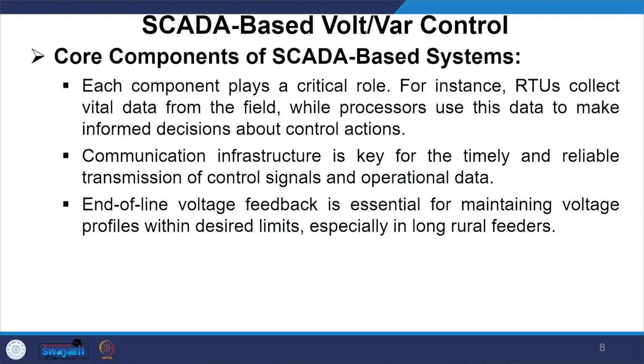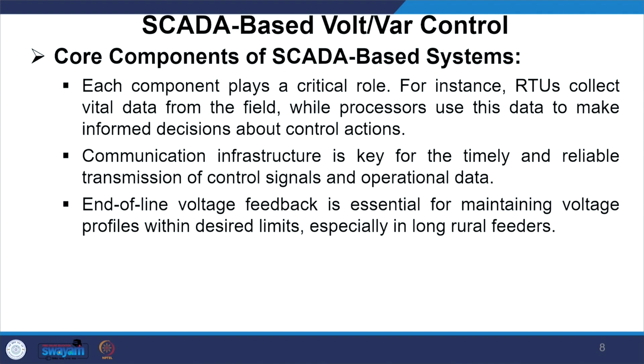Now, of the core components of SCADA-based systems, each component plays a critical role. For instance, RTUs collect vital data from the field, while processors use the data to make informed decisions about control actions.